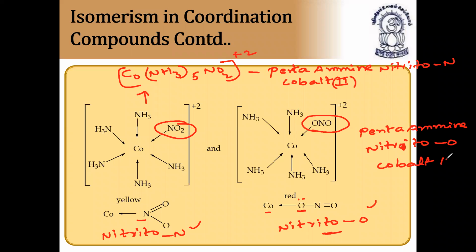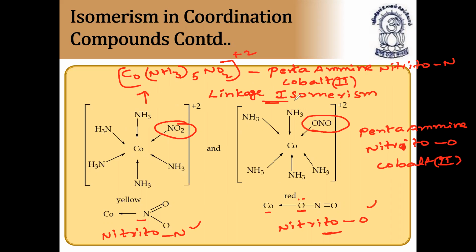So this is pentaamine nitrito N cobalt 2, and this is pentaamine nitrito O cobalt 2. This is nothing but linkage isomerism. This type of isomers are called linkage isomers. Very, very important, so please note it down. This is called linkage isomerism.